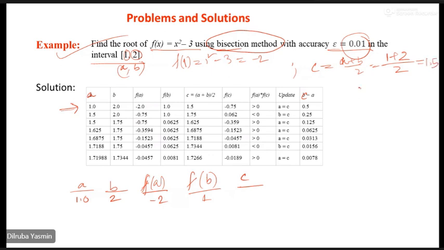When you get the c value, you can easily find f of c. So f of c equal to -0.75. Next you have to do this multiplication operation, f of a times f of c. If this is greater than 0, you have to write a equal to c. That means this c value will be shifted into a.